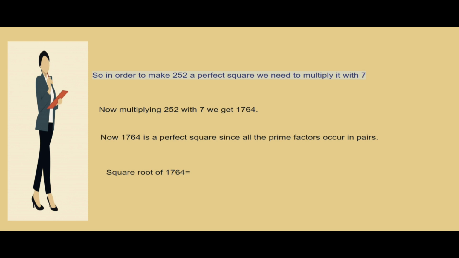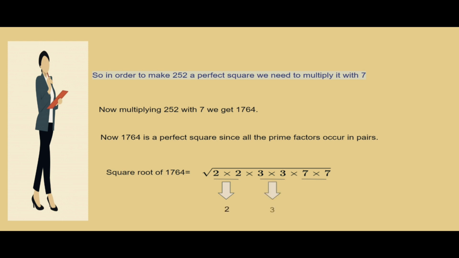Now, the square root of 1764 is equal to the square root of all the prime factors of 1764, making pairs of the same numbers and choosing one from each pair.